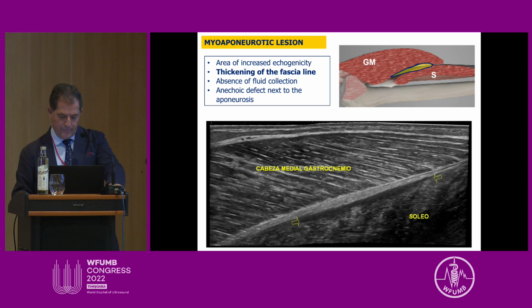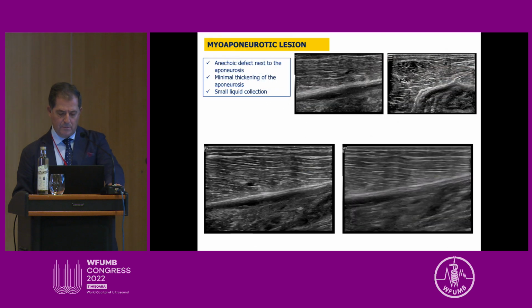We can see the aponeurosis of both muscles is thickened, and also we identify the rupture of the perimysium, like an anechoic area close to the aponeurosis. This sign is very pathognomonic, and so I always like to look for this image.